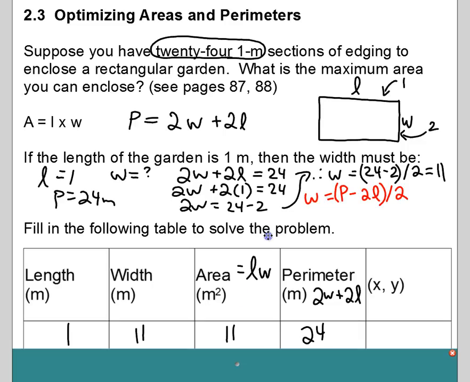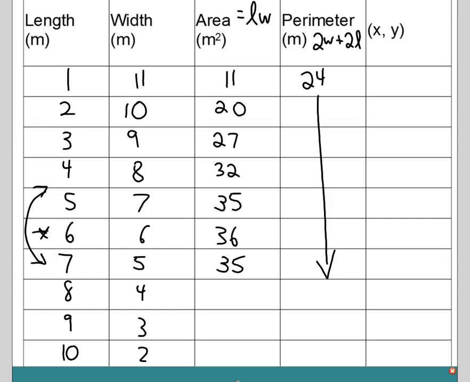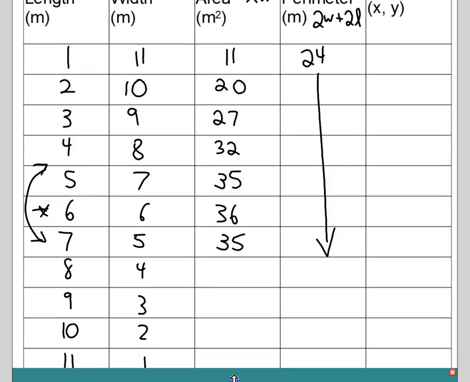So I want you to fill in the rest of this chart. You should have this handout, and then I'll reveal all the values that will be used for our graph. Alright, so here are my numbers. 2, 3, 4, 5, 6, 7, 8, 9, 10, and I went up to, I believe, 11.